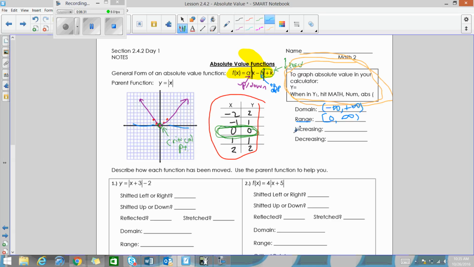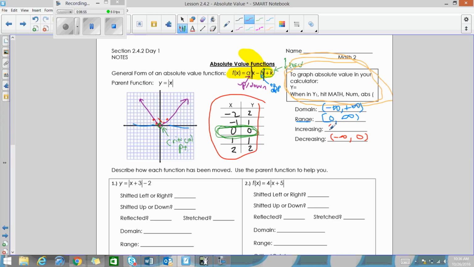Now, increasing, decreasing. Unlike the last 2 days, you will have both of them happen, because if you look, this is very similar to a parabola. From left to right, we're reading. The first thing that our graph is doing is actually going downwards. So it's decreasing from negative infinity all the way to your critical point of 0. And again, we're going to put our parentheses.